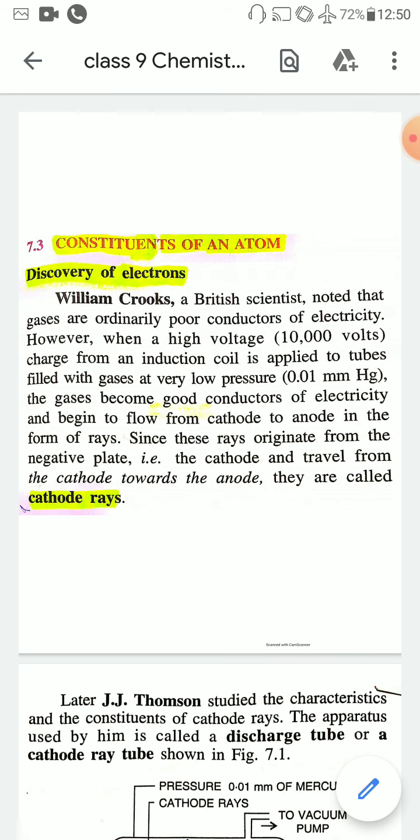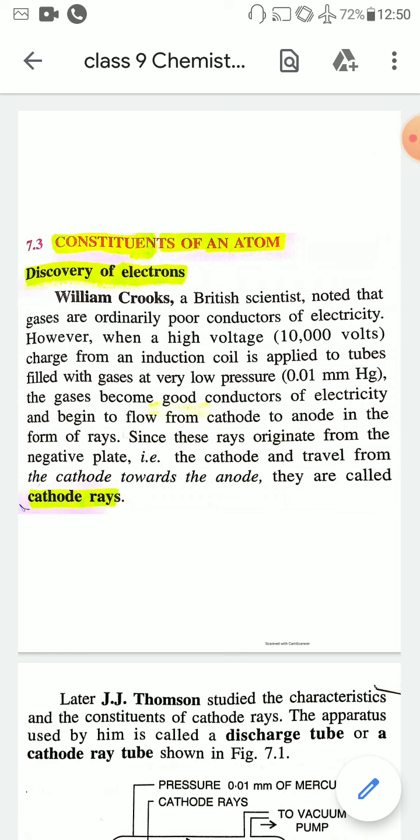Scientist William Crookes, a British scientist, noted that gases are ordinarily poor conductors of electricity. However, when a high voltage, about 10,000 volts, from an induction coil is applied to a tube filled with gas at very low pressure, nearly 0.01 mm Hg, the gases become good conductors of electricity and begin to flow from cathode to anode in the form of rays.